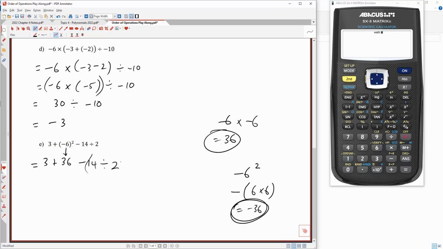Okay, so I'm going to bracket off the division and say it's 3 plus 36 take away. A positive divided by a positive is a positive. 2 goes into 14 7 times. Alright, so now we've got addition or subtraction, whichever one comes first, moving left to right. 3 and 36 is 39, take away 7. 39 take away 7 is 32.